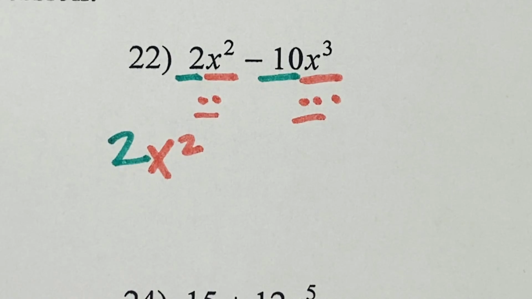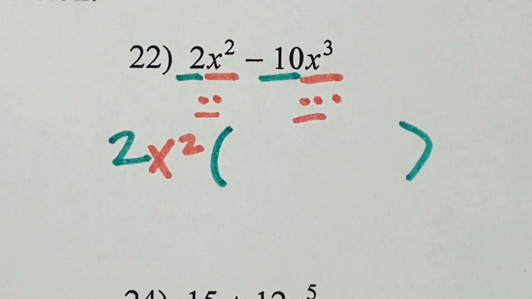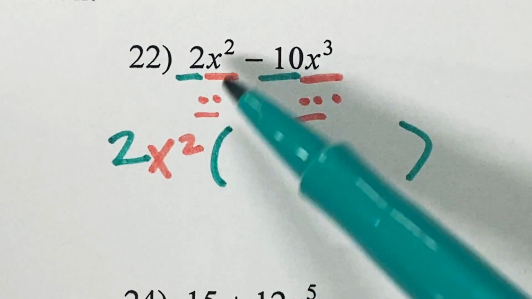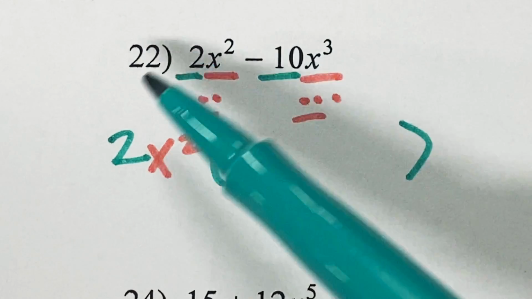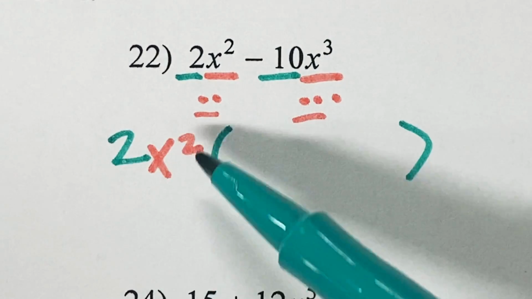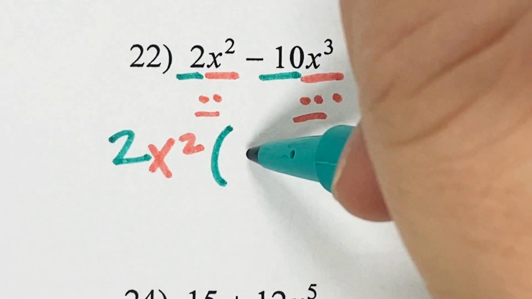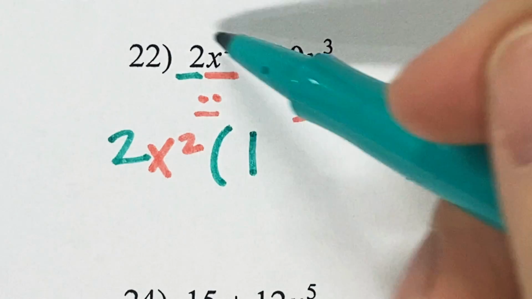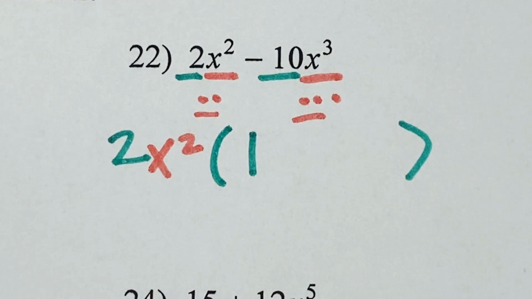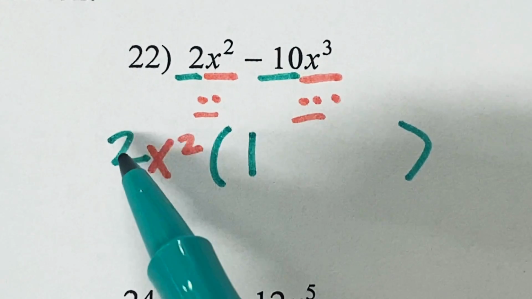Let's write what's left inside when we factor those out. We're dividing here. For the first one, we took out a 2 and an x squared. Think 2x squared divided by 2x squared. Same thing on top and bottom. That's going to give us 1. Anything divided by exactly itself is going to give us 1. Now let's look at negative 10 divided by 2. What's that going to give me?